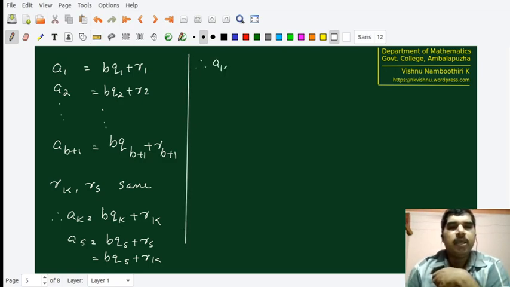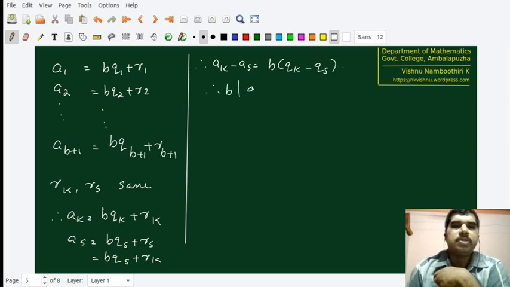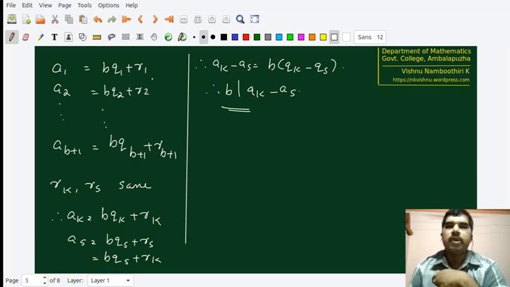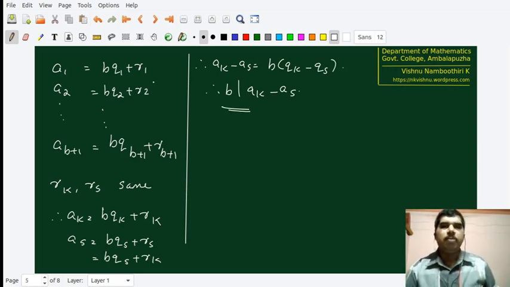Therefore, ak minus as is going to be b times (qk minus qs). Therefore, b divides this difference ak minus as. So we have verified our claim. Therefore, if we choose b plus 1 integers randomly, at least one pair of these integers will have their difference a multiple of b. We stop here. Thank you.